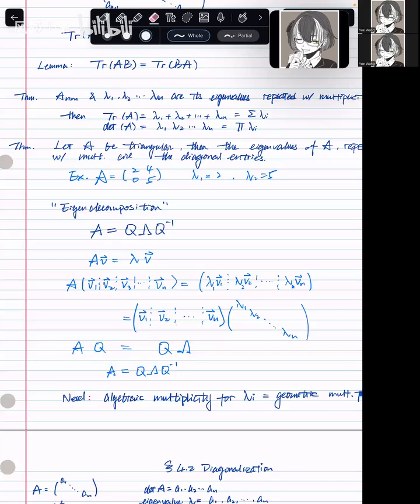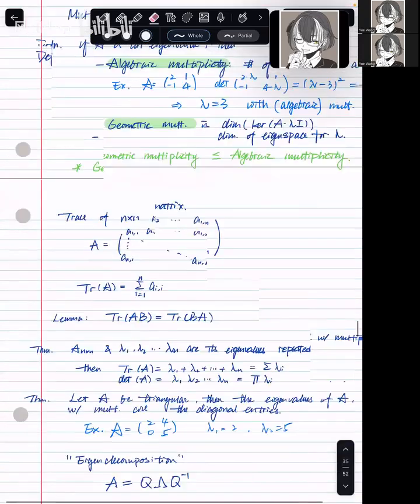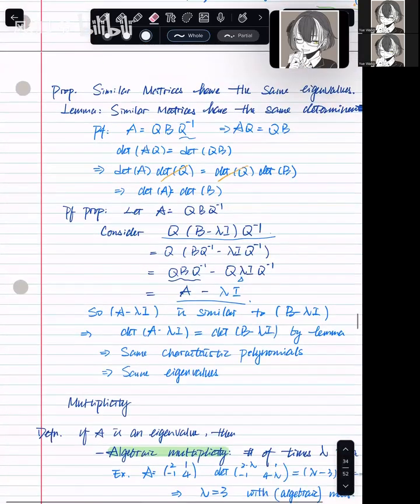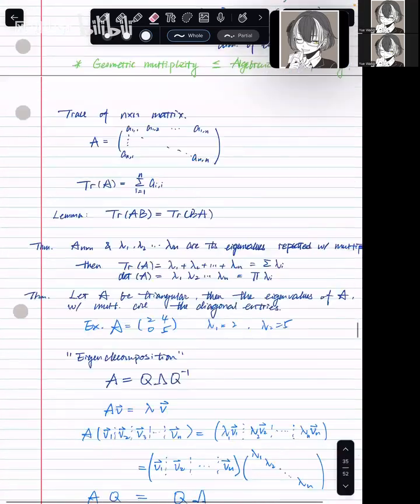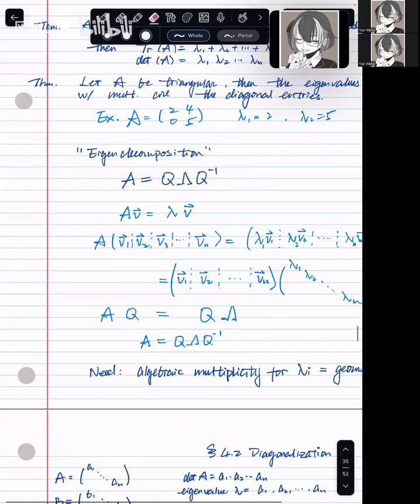lambda 2 equals 5. So if we have a normal matrix, not diagonal or triangular, how can we find a similar matrix? As we introduced last time, similar matrices have the same eigenvalues. To find that is called the eigendecomposition.